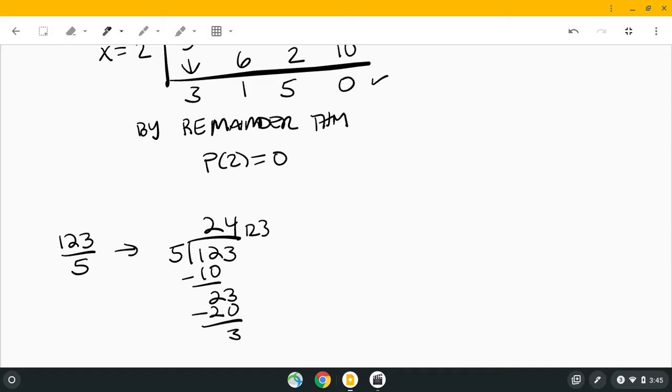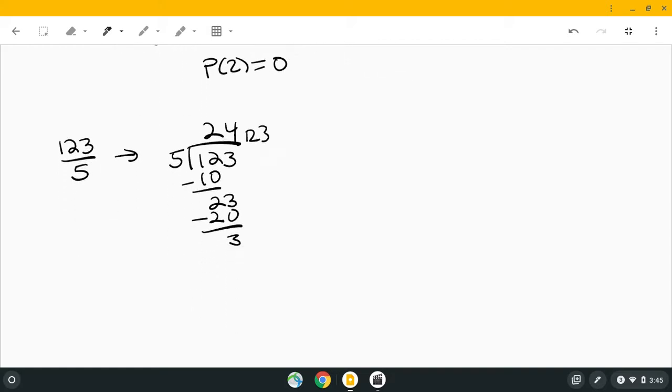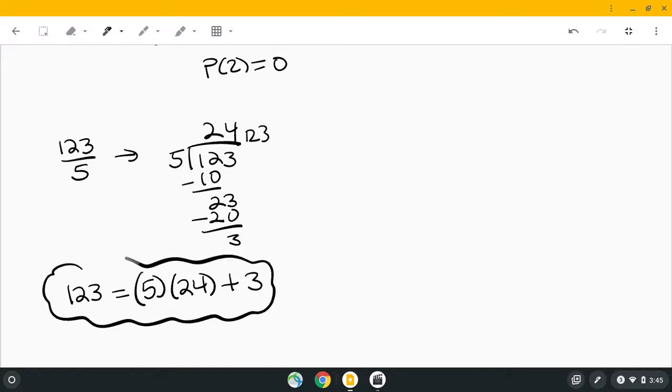So another way to write this is 123 equals 5, the thing you're dividing by, times 24 plus your remainder, which is 3. If you multiply 5 times 24 and then add 3, you get 123.